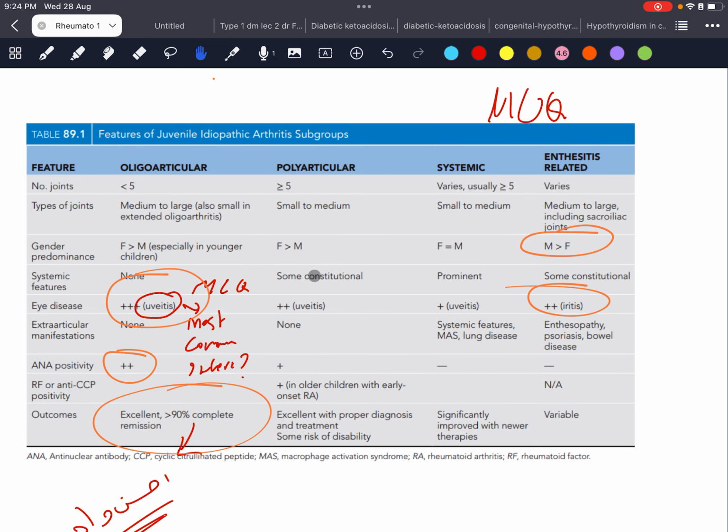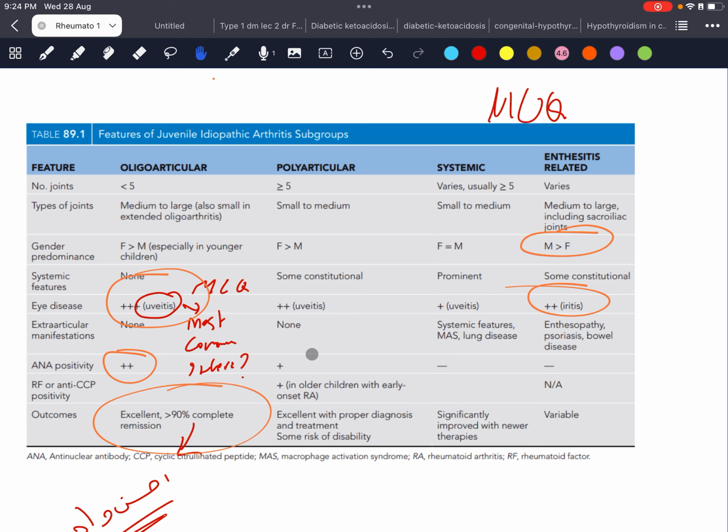In this table, I will just comment on a specific point: females are more commonly affected than males, and the exception is enthesitis-related juvenile idiopathic arthritis, where males are affected more than females. The other thing is that eye involvement in the form of uveitis occurs more commonly with the oligoarticular form.